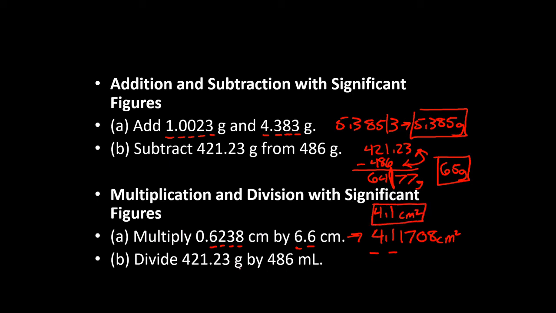So then the last one here, 421.23 divided by 486. The calculator gives me 0.8667283951 grams per mil. That would be the units because we're dividing grams by mils.